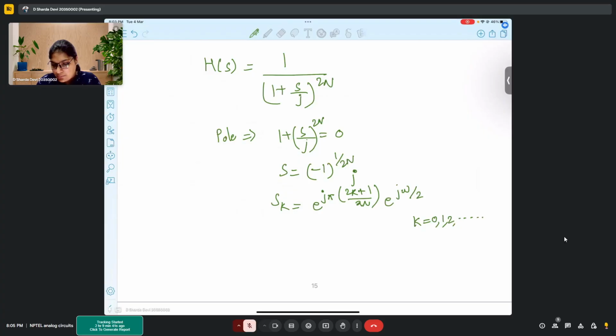So here the poles will lie on the circle with unit radius.